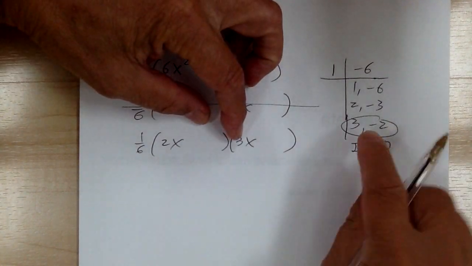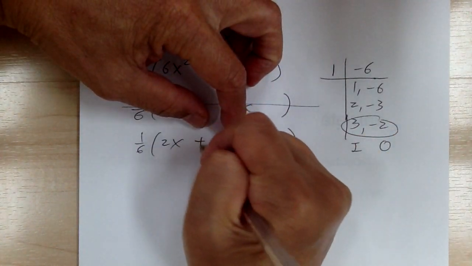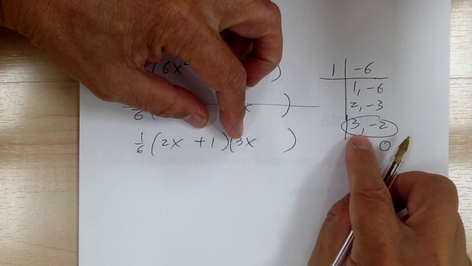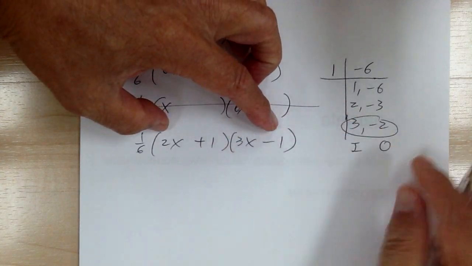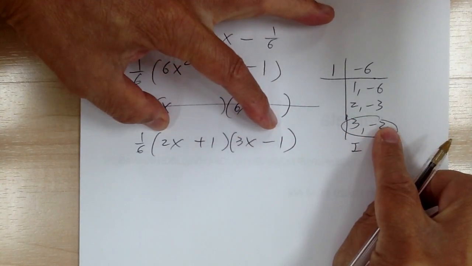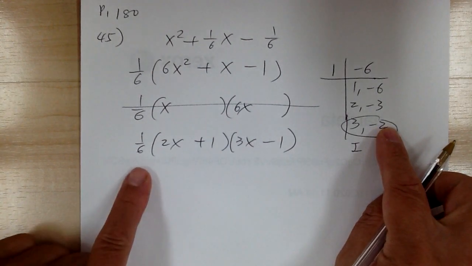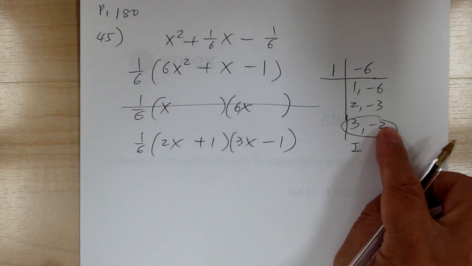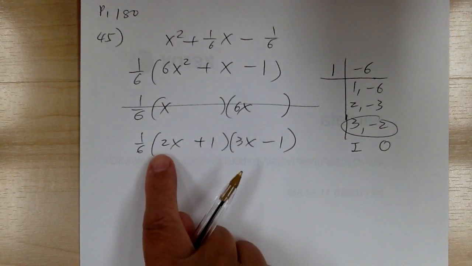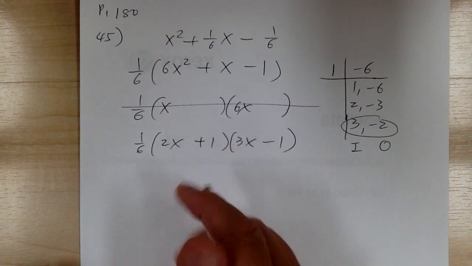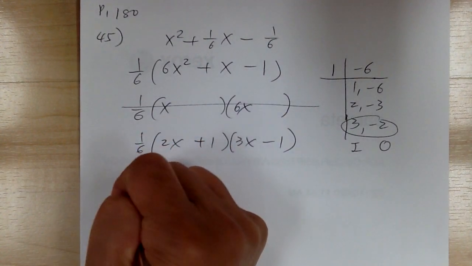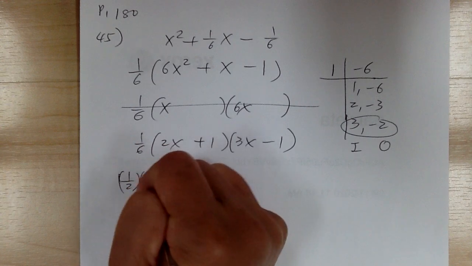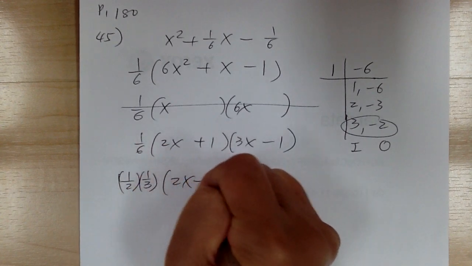So this would be +1. 3 times 1 give you 3, and this would be -1. Okay, 2 times -1 give you -2. Okay, now you have to deal with the 1/6, right? Now that's the easy way to do this. Notice there's a 2 and 3, right? So you want to make 1/6 into 1/2 and 1/3. Okay.